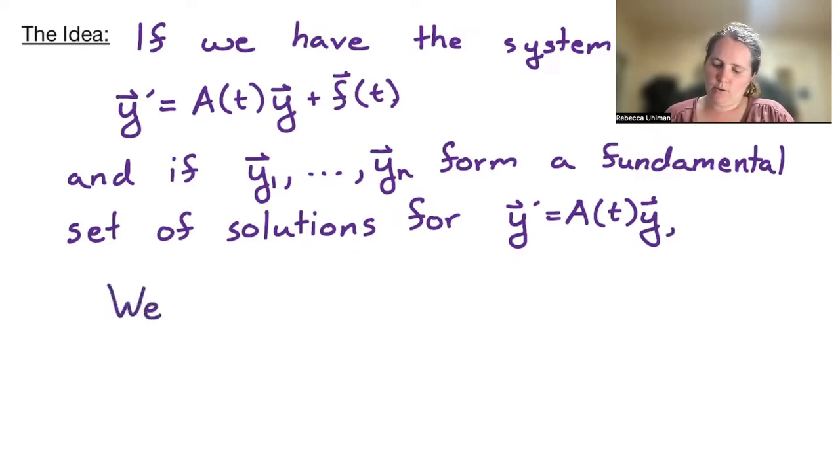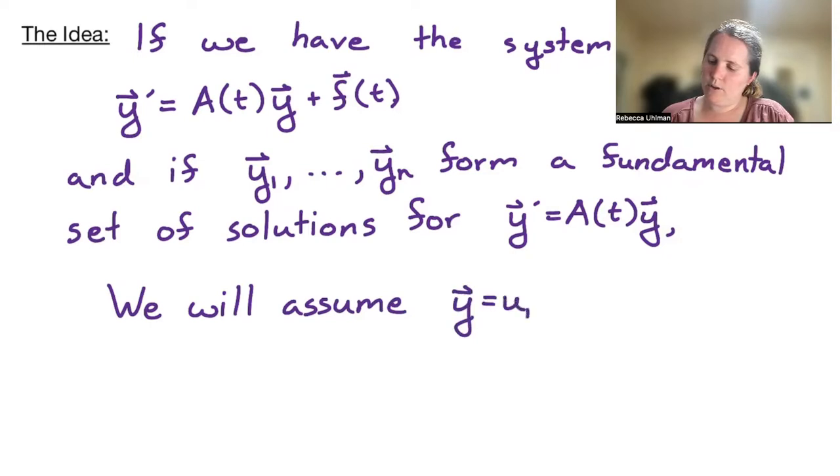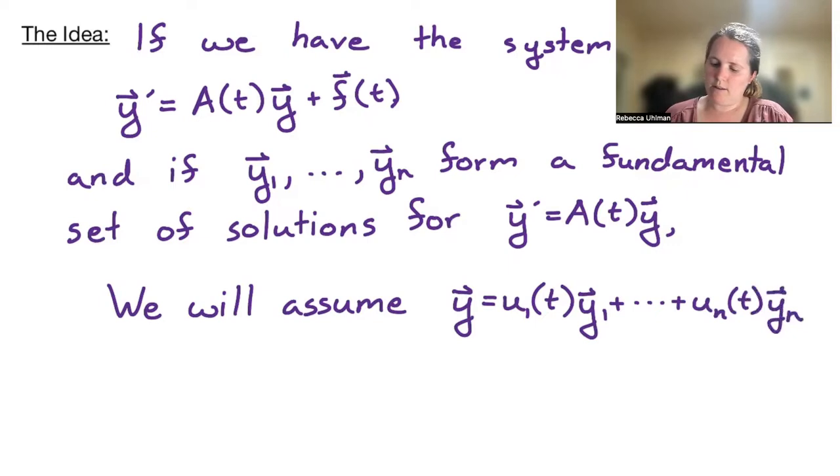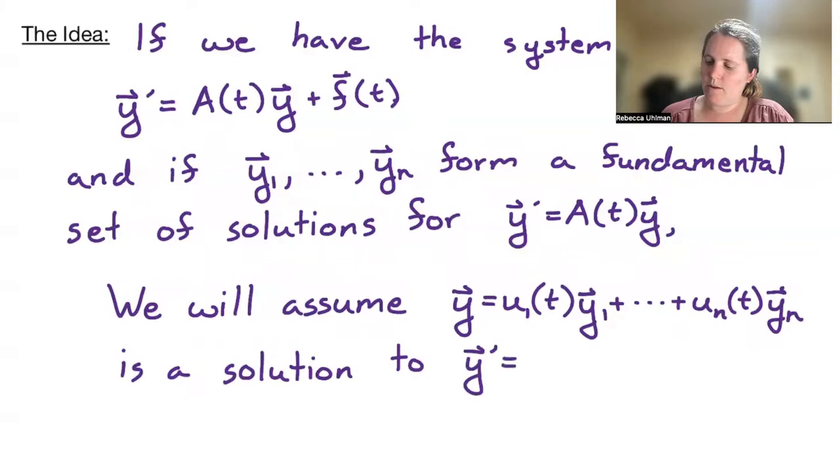So we will assume that y equaling u1 of t times y1 all the way up through un of t times yn is a solution to y prime equals A of t y plus f of t.